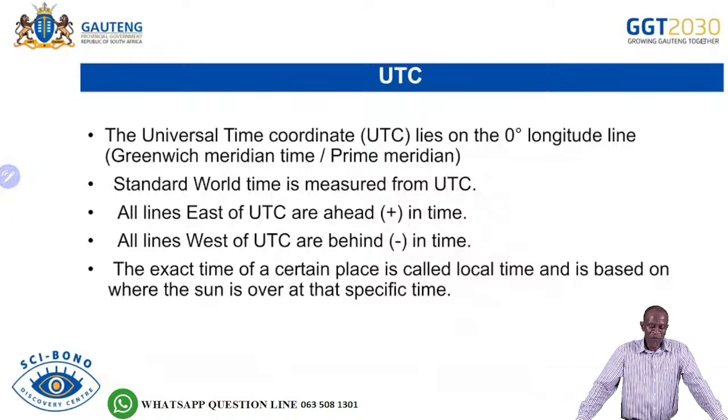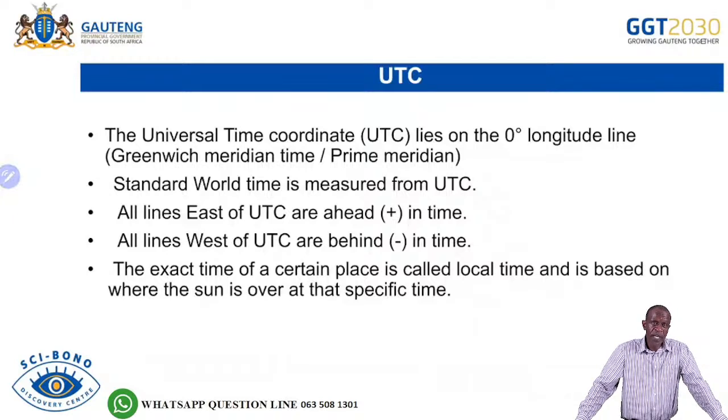The exact time of certain places is called local time and is based on where the sun is at that specific time. So local time explains the time of a particular place.